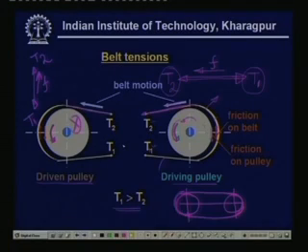The driven pulley means the belt is in motion and it creates a motion onto the pulley. From these ideas you can find out what the belt tensions should be on the belt drive system. So, one will be the tight side and another will be the slack side.